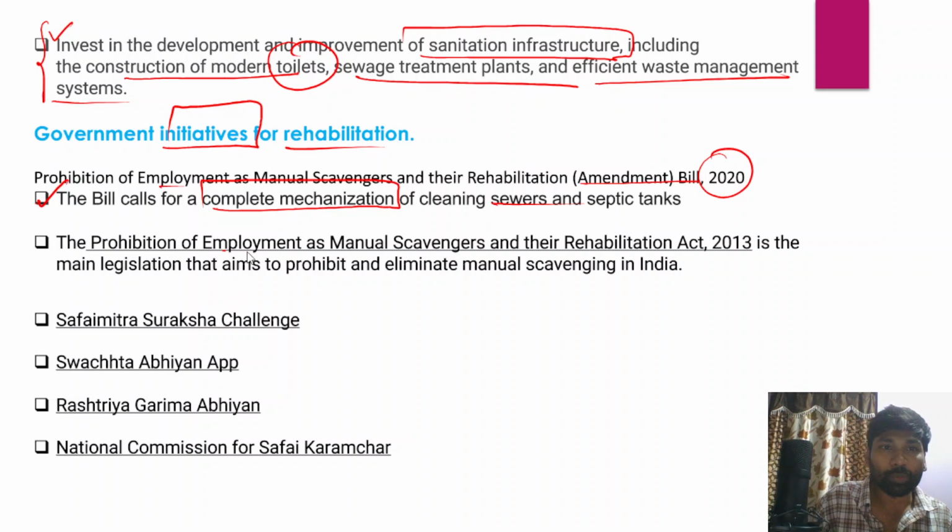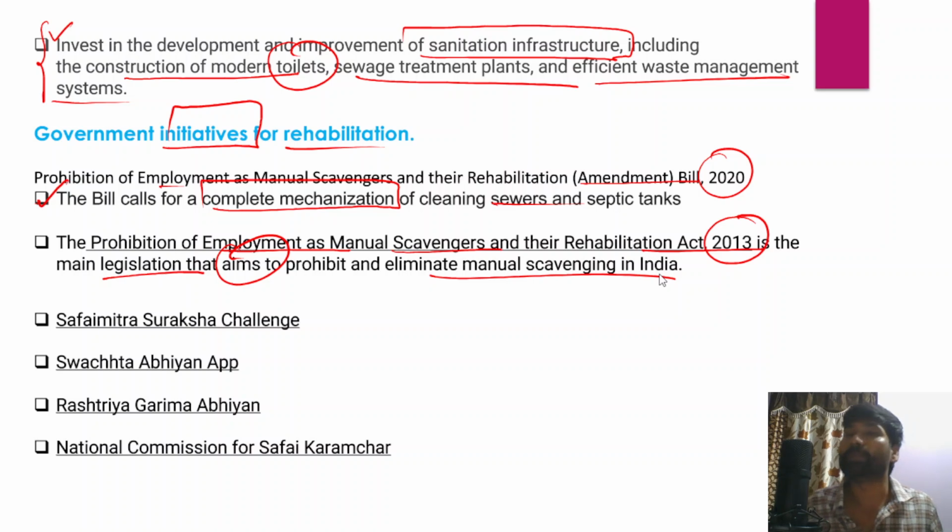And secondly, the Prohibition of Employment as Manual Scavengers and their Rehabilitation Act of 2013 is the main legislation that aims to prohibit and even eliminate manual scavenging in India. And similarly, there are certain other initiatives such as the Safai Mitra Suraksha Challenge, the Swachhta Abhiyan app, Rashtriya Garima Abhiyan, and the National Mission for Safai Karmacharis for the welfare of the people who are engaged in manual scavenging. So these are certain initiatives that the government has launched.